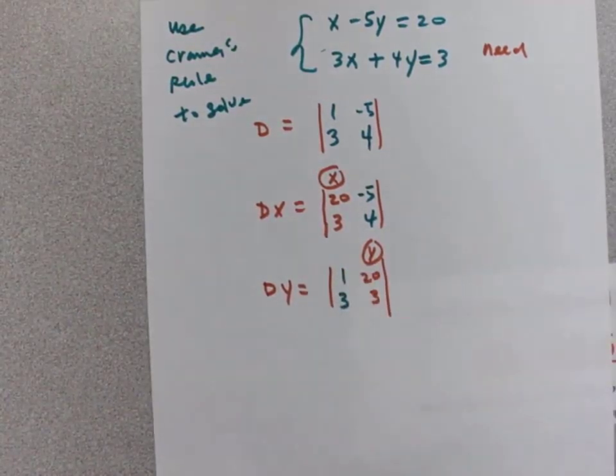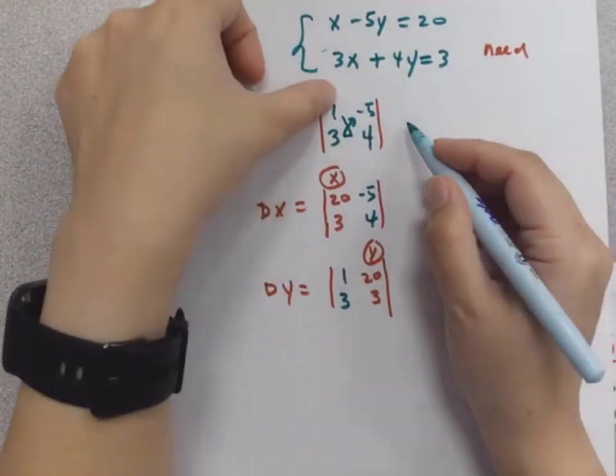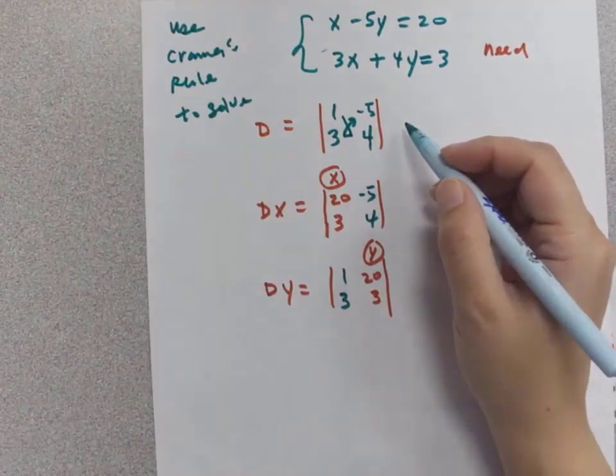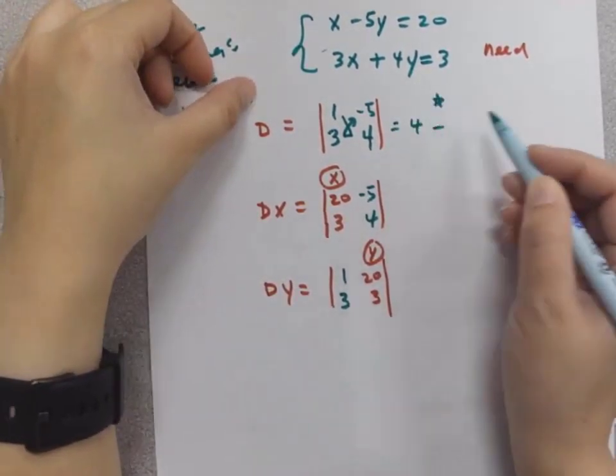So once we set that up, then what? I need to go what direction? Down and then go back up, okay? So we will go diagonally down and up. So 1 times 4 is 4, minus, and don't forget, always subtract, right?